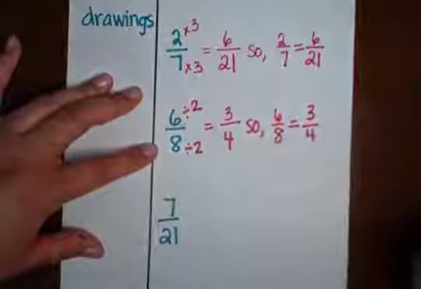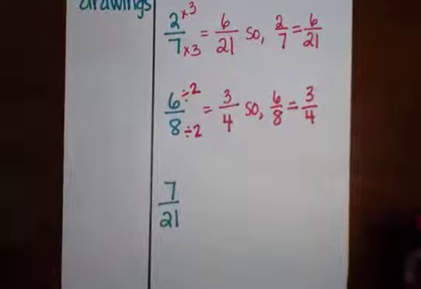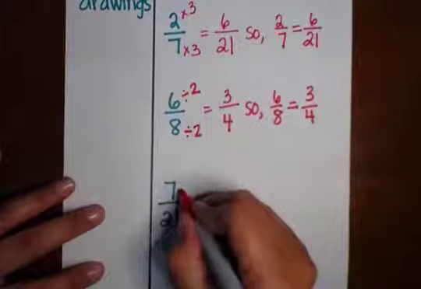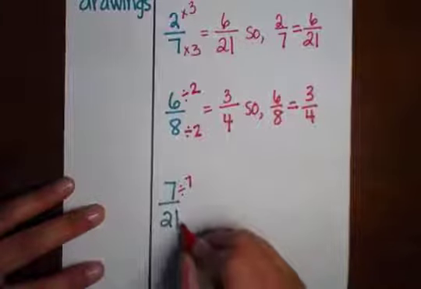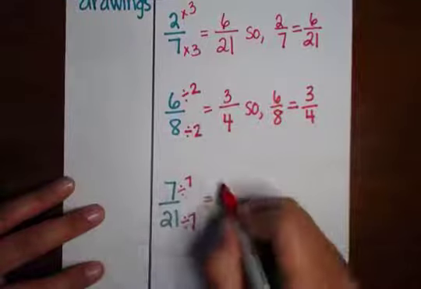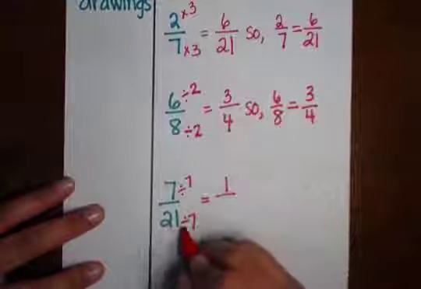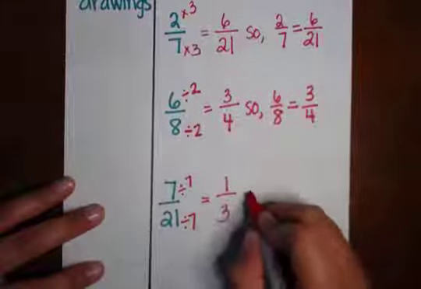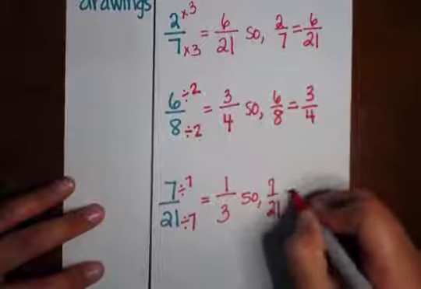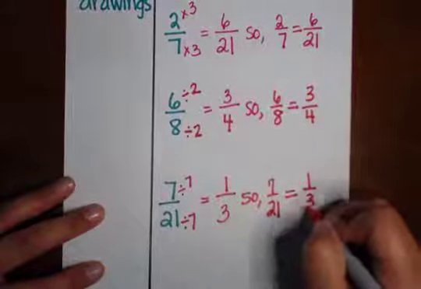Here's another one. 7/21. I can see that 7 is divisible by 7, and so is 21. So 7 divided by 7 is 1. 21 divided by 7 is 3. So 7/21 is equal to 1/3.